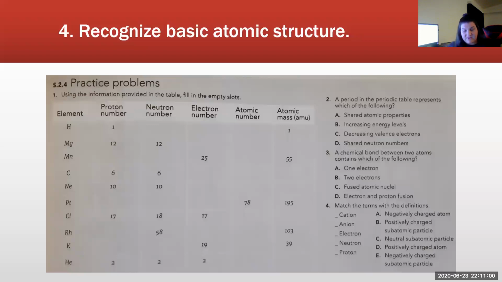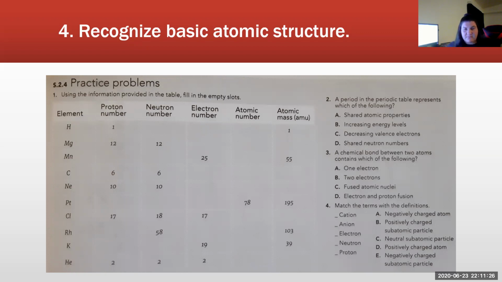The farther an electron is from the nucleus, the higher its energy. Shared atomic properties are functions of groups, not periods. Valences are shared in atoms lined up in vertical columns. Periods represent increasing energy levels of atomic shells. The periods represent increasing electron numbers, not shared neutron numbers. I hope that makes sense.